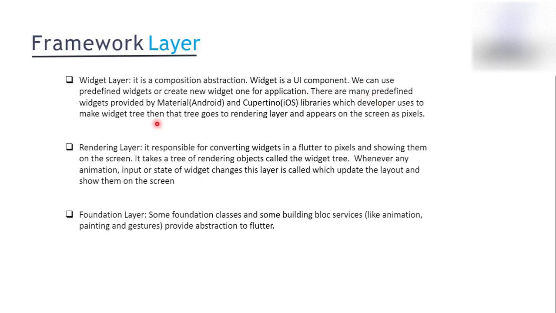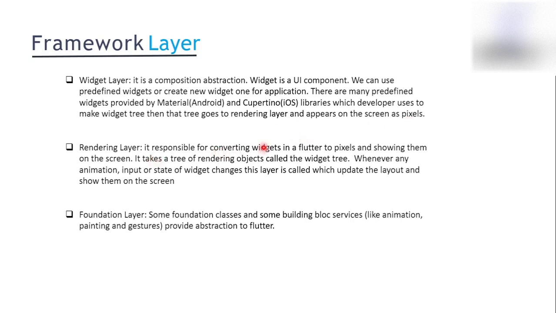There are many predefined widgets provided by the Material and Cupertino libraries, which developers use to make the widget tree, which goes to the rendering layer and appears on the screen as pixels.